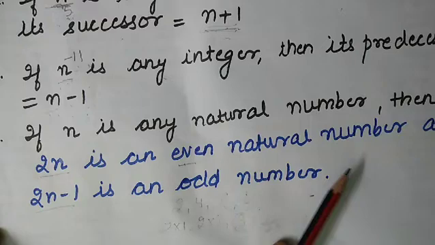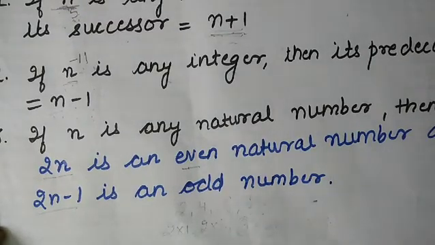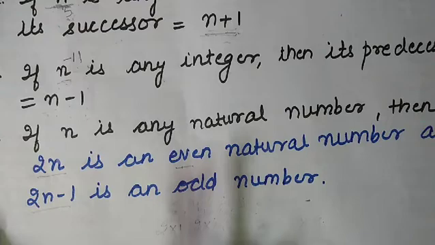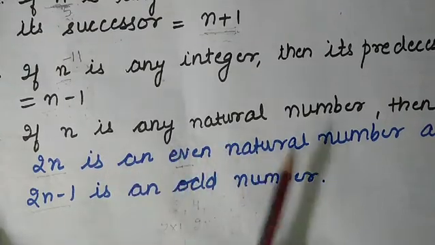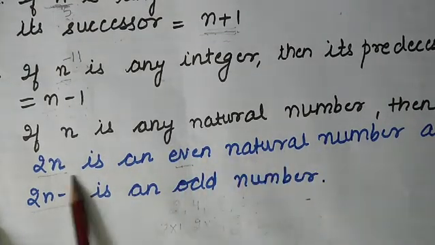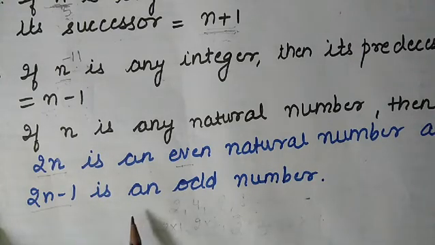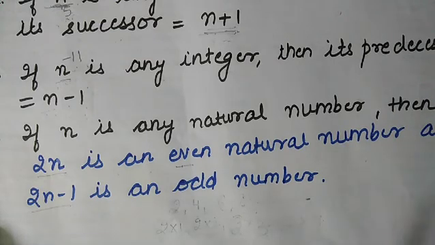Now the third rule is a very important one. If n is any natural number, then 2n is an even natural number and 2n minus 1 is an odd number. We know that natural numbers are the counting numbers 1, 2, 3, 4 and so on.